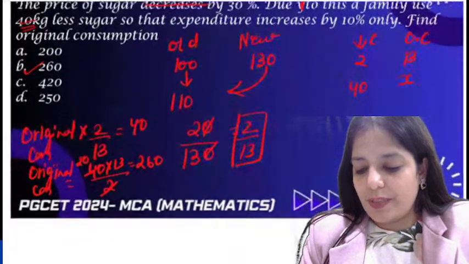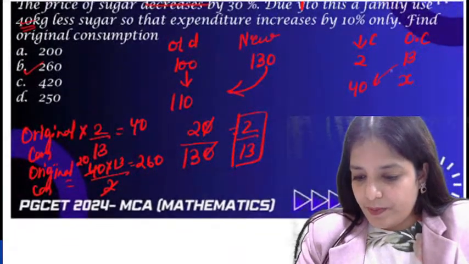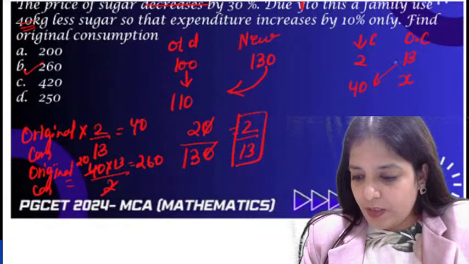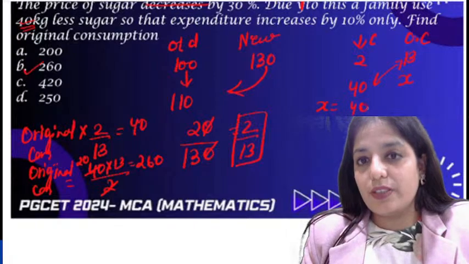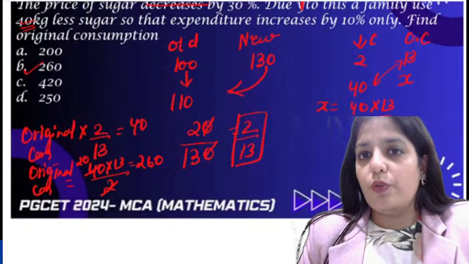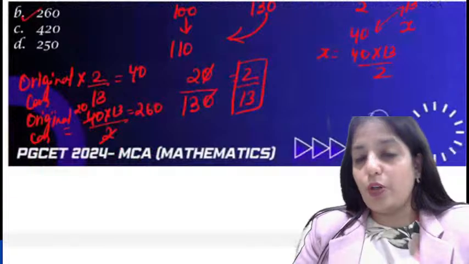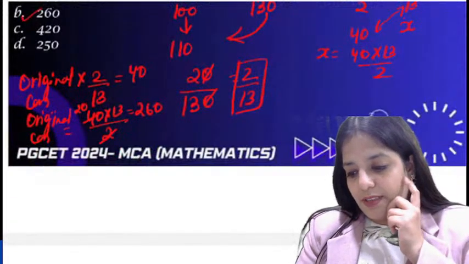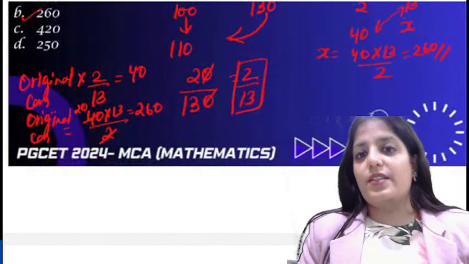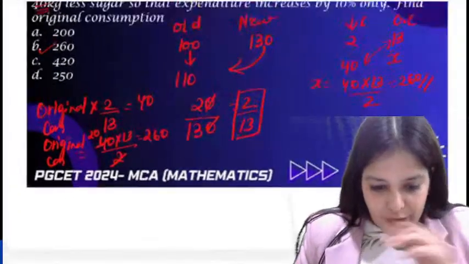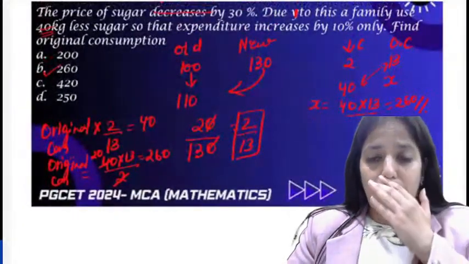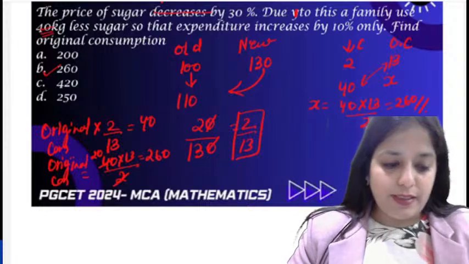Just cross multiply it. That is, x is equal to 40 into 13 upon 2. So again you will get the same answer, that is 260. So either way you can solve it. I hope it is clear.